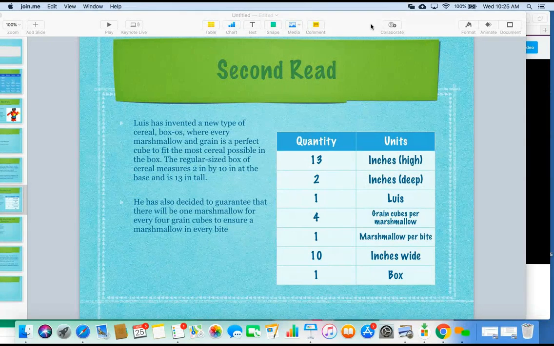So we should remember what we're going to do next. I want everyone to come up with a mathematical question that you could ask about this situation and share your ideas in the chat. The only thing that I should be seeing in the chat right now is possible mathematical questions. We have all our quantities and units. We don't need to list those anymore. What is a mathematical question you could ask?